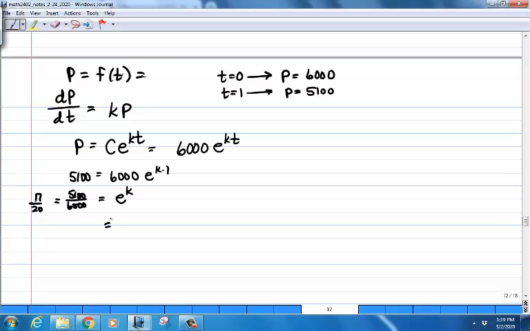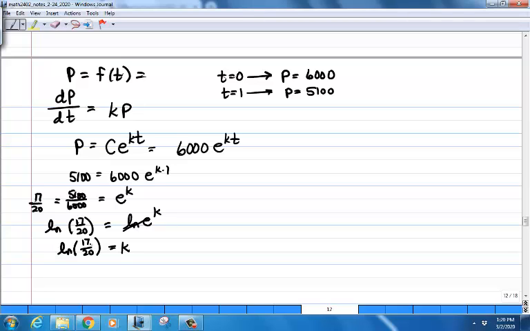Now, just apply the natural log to both sides. So you get natural log of e to the k is the natural log of 17/20ths, but these cancel each other, because those are inverse functions, so we have that k is the natural log of 17 over 20.